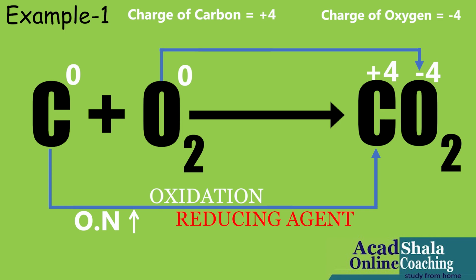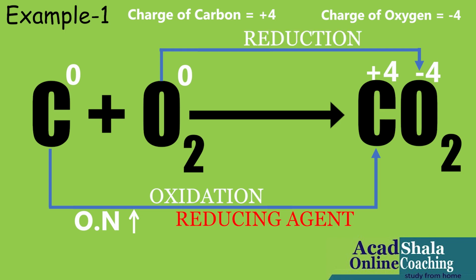O2 is changing into this. What is it? O is -4. Now, in this, what is happening? There is gain of electron, because -4 is there. According to chemistry, the minus sign says gain of electron. Yes or no? And I have studied also, gain of electron is reduction.